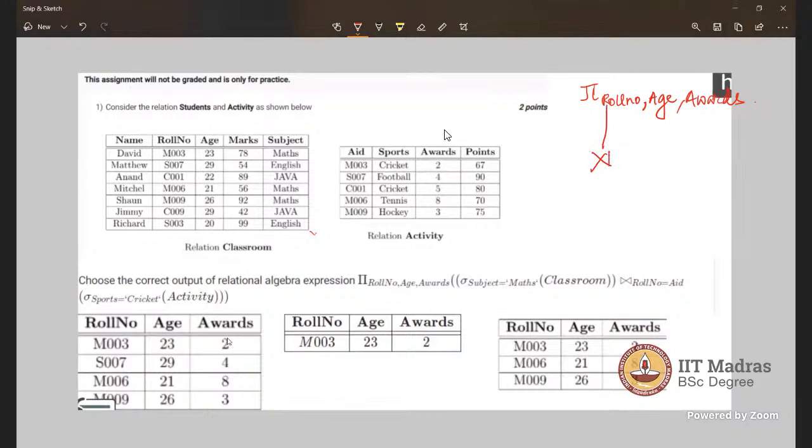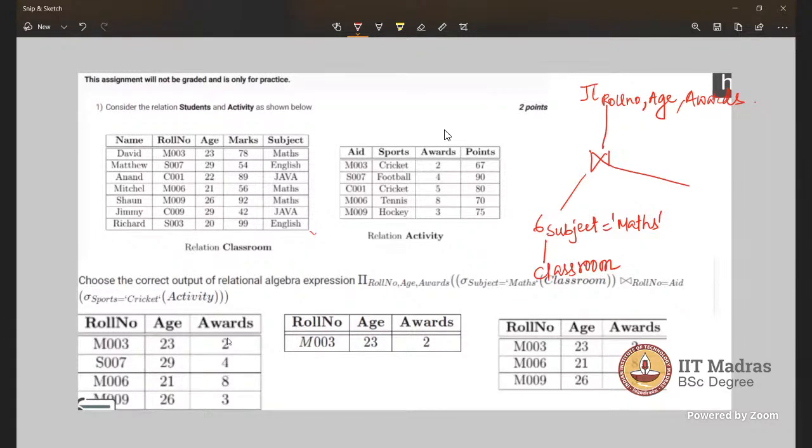Then natural join, and this will select subject maths from classroom.